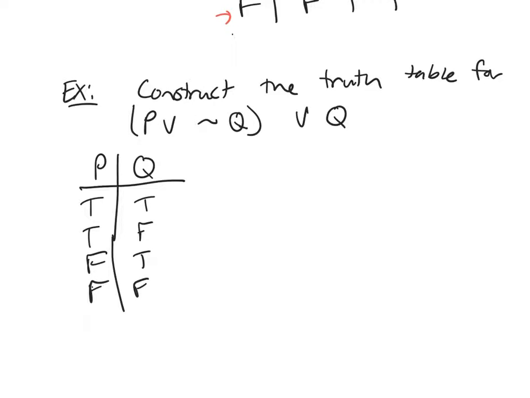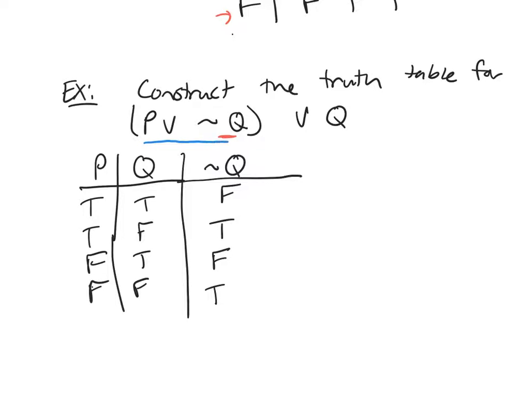And we build up to our statement. I see that I'm going to need not Q, so let's write that column down first. You flip the entries of Q. Now I'm also going to need this larger statement, P or not Q, so that will be my next column.